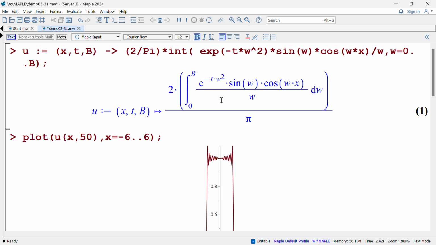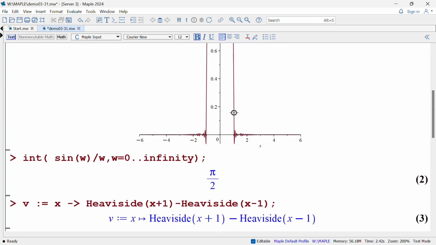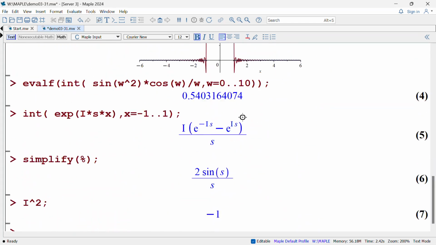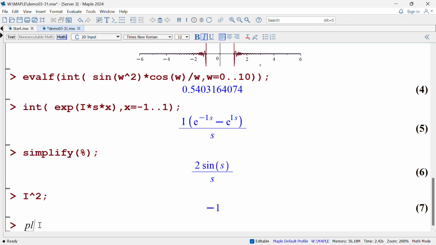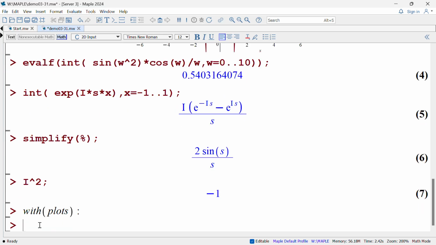So now I've got u of t, b. Let's see what happens. If I'm going to use plot, I need with plots. So I have the animate command, and then I'm going to animate u of x comma t comma b. I didn't tell you what b is. Let's make b to be 5.